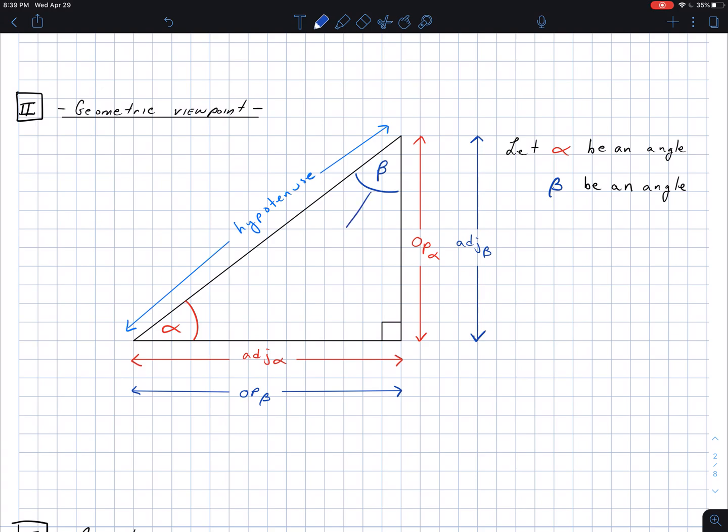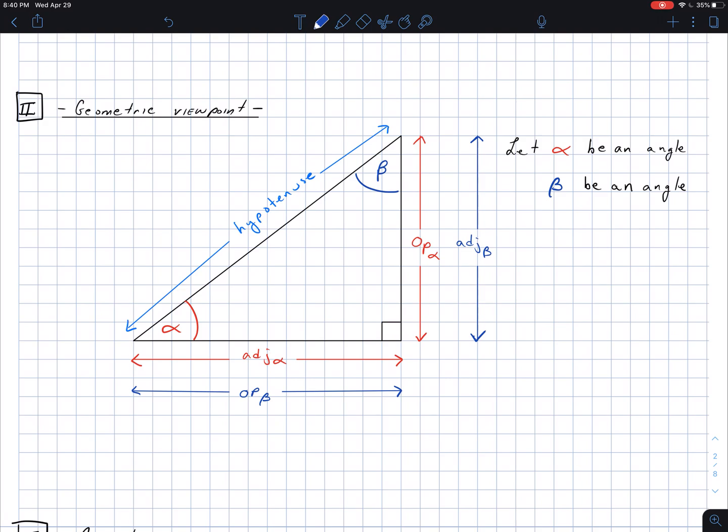I look opposite to beta, I label it OP sub beta. I look at the hypotenuse, I label that. And then I look at the adjacent side, and we label that appropriately. The image that you always want to have is this nice right triangle and the angles that you're going to be looking at.